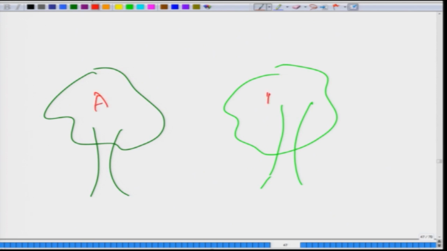Let us call these A and B. Both the trees are getting equal amount of sunlight, but the efficiency in the case of A is very high and the efficiency in the case of B is very less. So, in this case, A will be fixing much more carbon dioxide using the energy that is available, and will show a greater amount of growth as compared to species B.